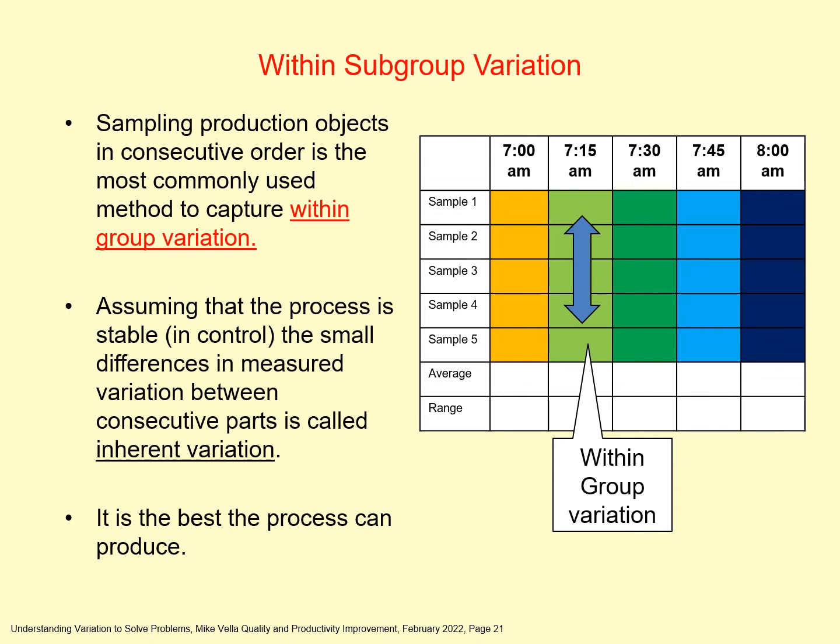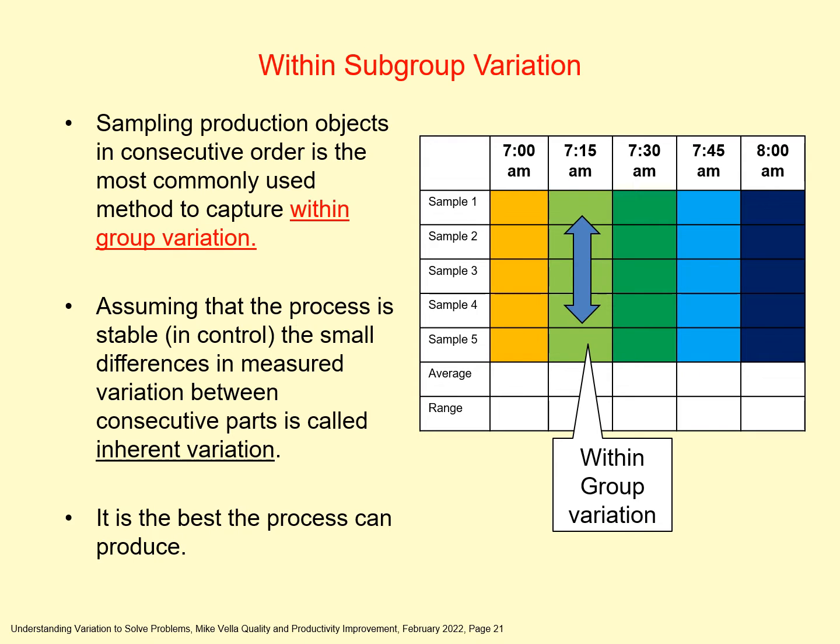I've got the little chart here on the right-hand side, and it is sort of an explosion of that control chart that we were talking about in the SPC module. You can see that at different times, 7:00, 7:15, 7:30, and so forth, we're collecting data, samples 1, 2, 3, 4, 5. That's what we call a subgroup.